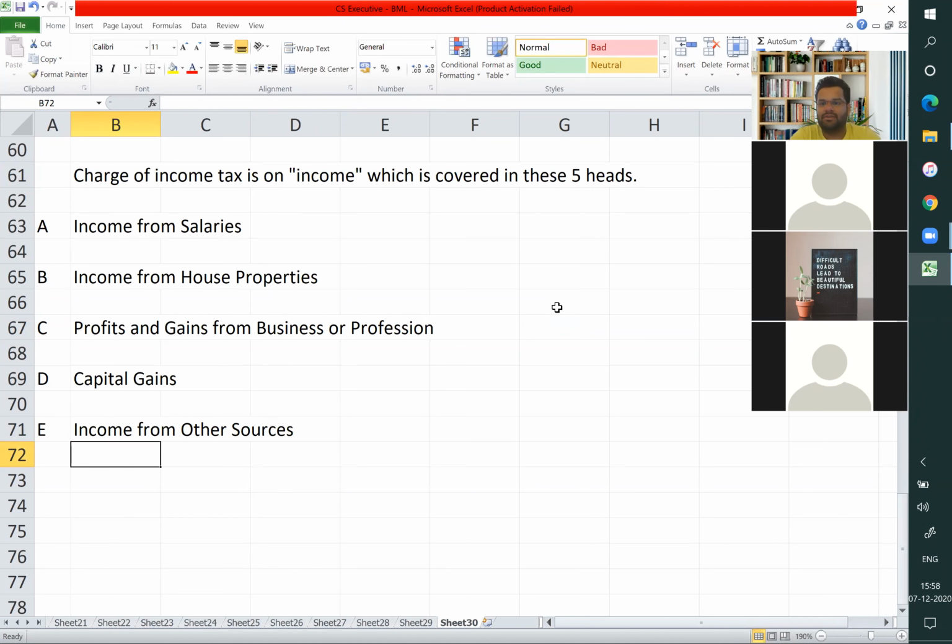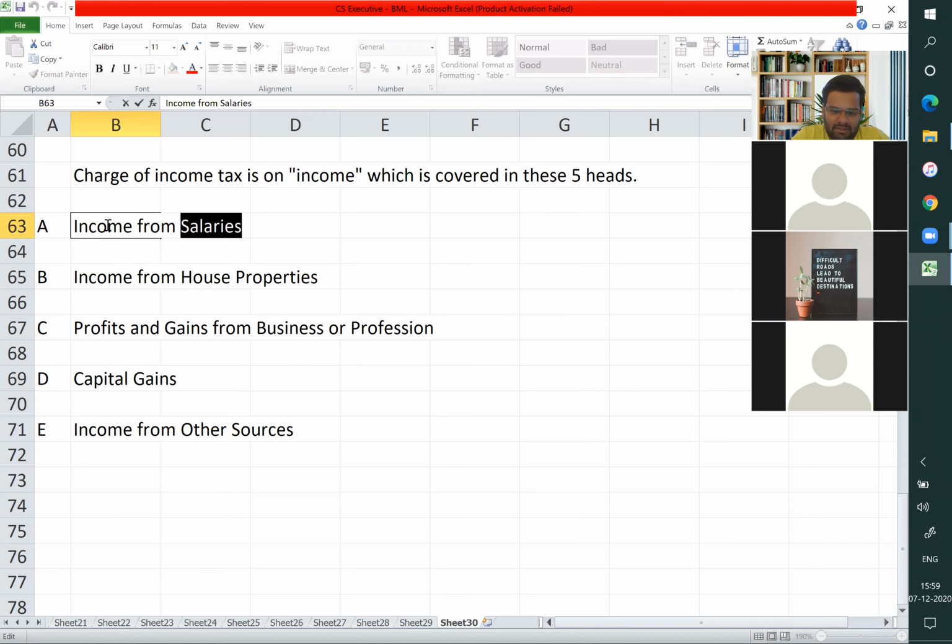So how many heads? There are in total five heads of income. Absolutely correct. Salaries, house property, profits and gains from business or profession, capital gains, income from other sources.